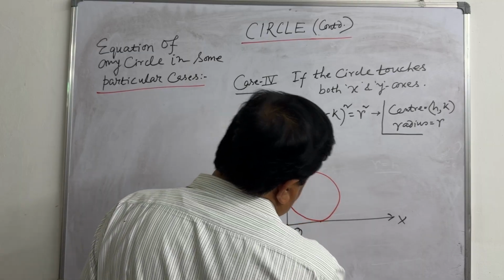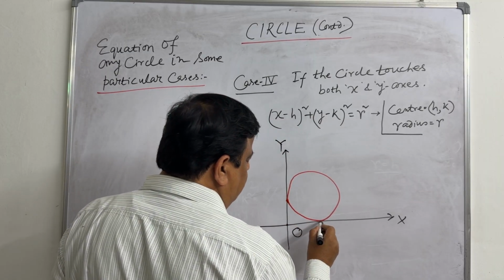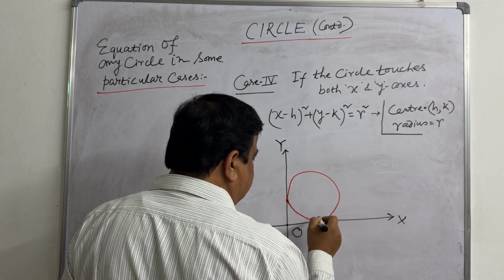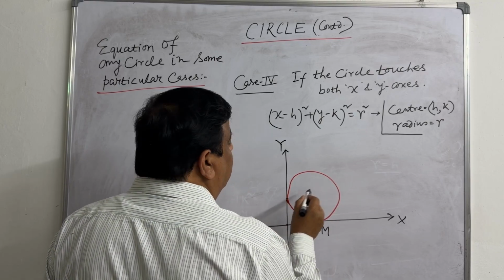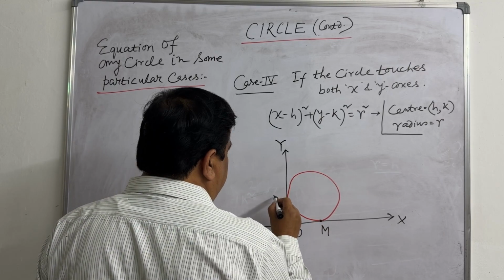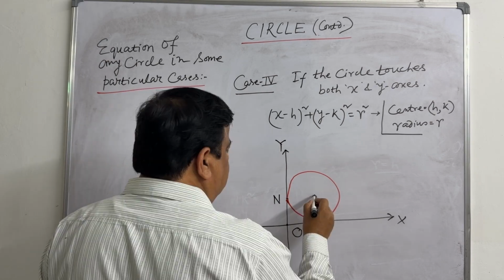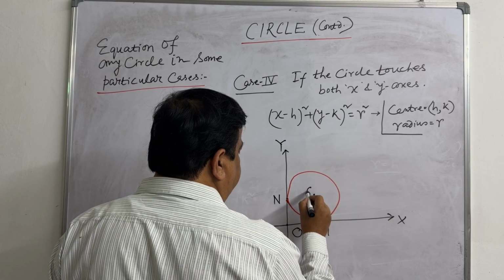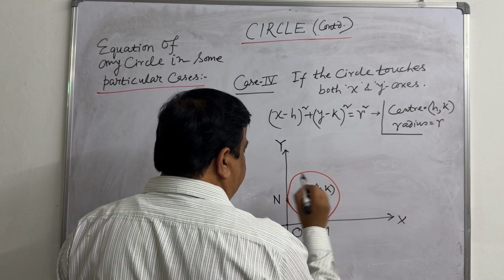So this is the probable circle. Say the point on the x axis where the circle touches it is M, and the point on the y axis where the circle touches is N. Center is C, the coordinate of which is (h, k).